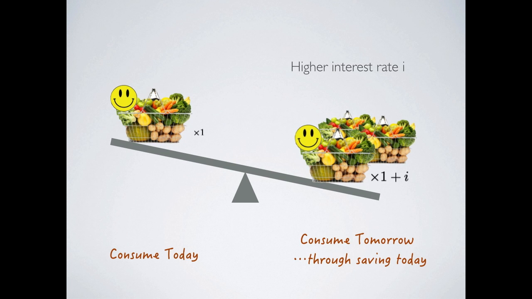Therefore, consuming today will not look so attractive compared to investment today in order to get more consumption tomorrow, because now 1 unit of investment today will get you more consumption than before. Therefore, with this interest rate increase, you're supposed to decrease your consumption today so that you are able to invest more and increase your consumption tomorrow.